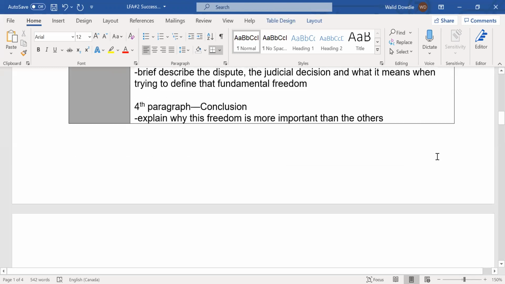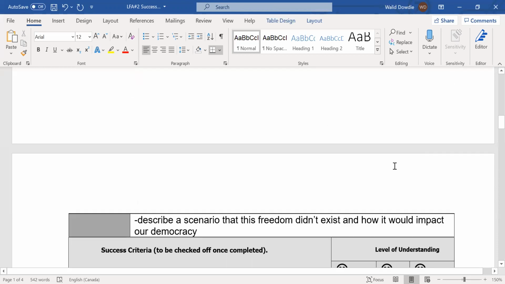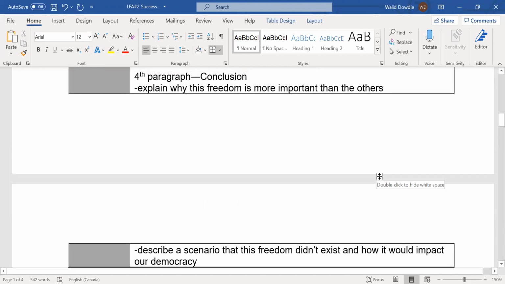Right? Then in conclusion, explain why this freedom is more important than the others. Describe a scenario where this freedom didn't exist and how it would impact our democracy. So two things. One, you make the point that this is why it's an important freedom, and then you have to explain if that freedom didn't exist, how would that impact what happens within a democracy.